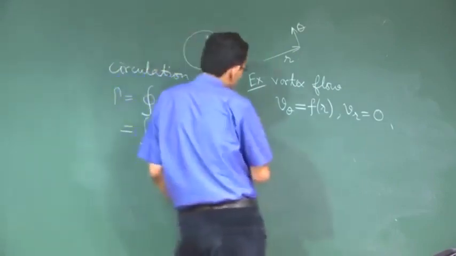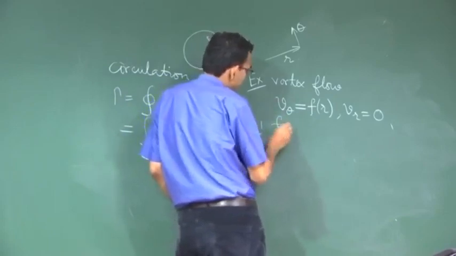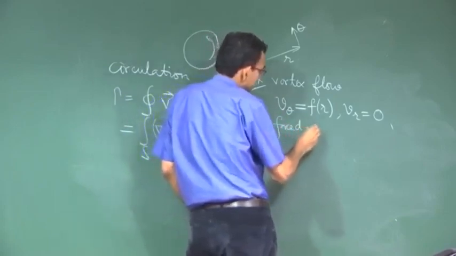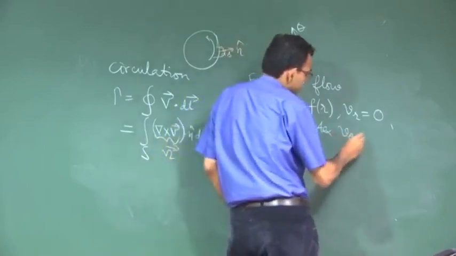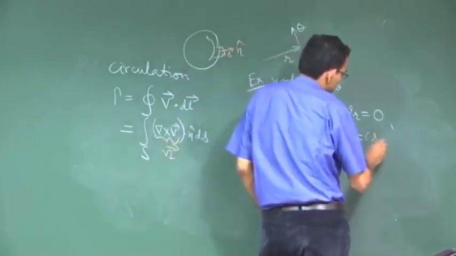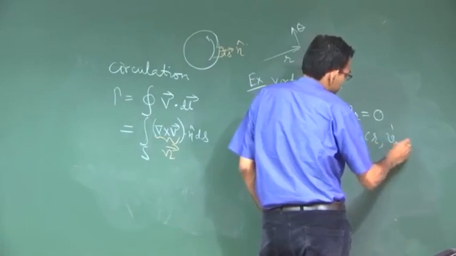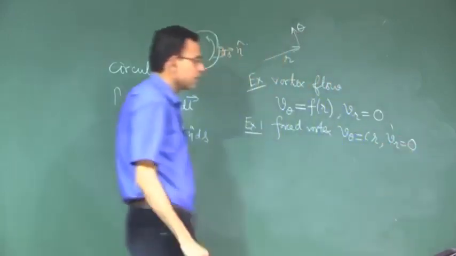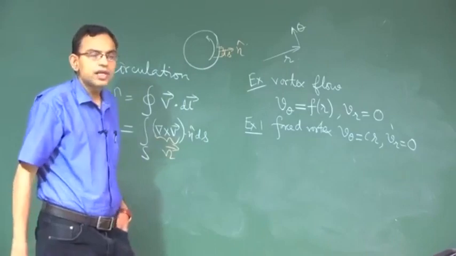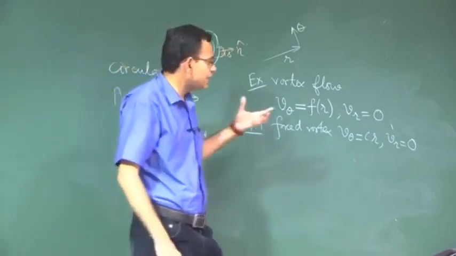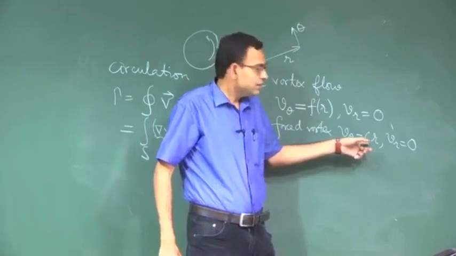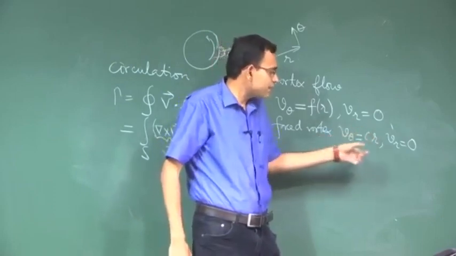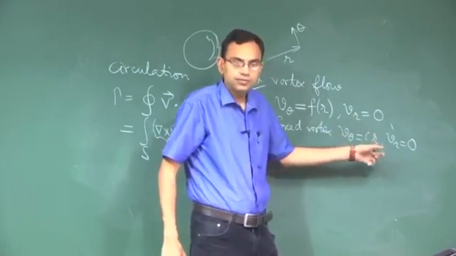So, example 1, we will consider forced vortex, V theta is equal to C r. You can see that this looks like the very simple basic expression V equal to omega r.